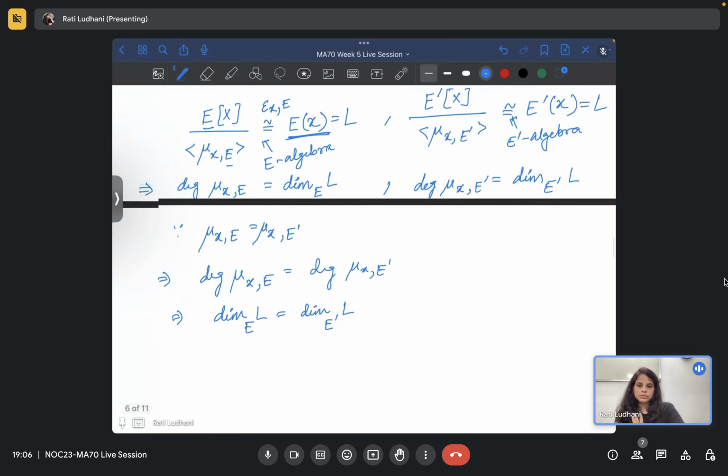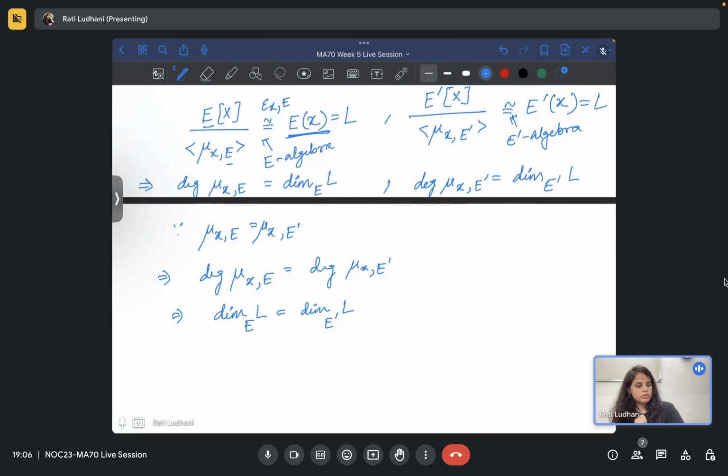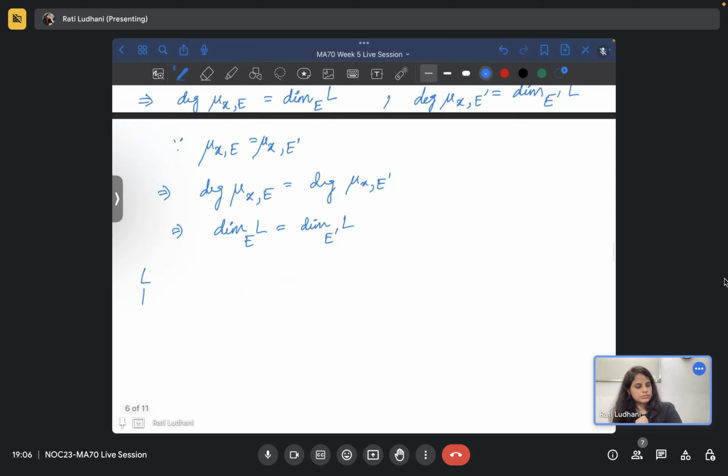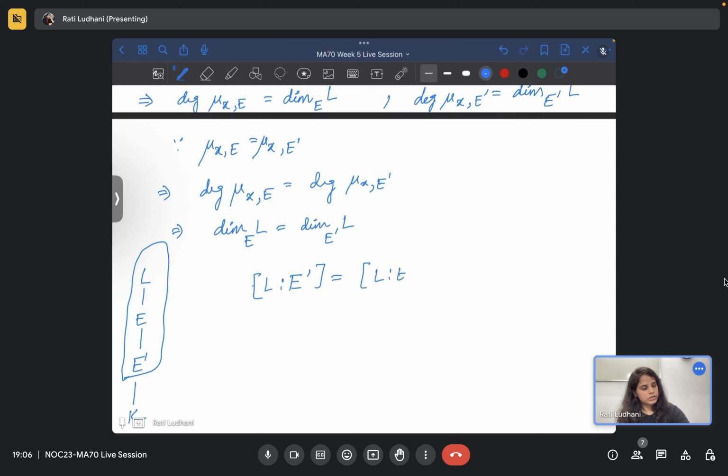So we have these two things now. And now you can use this containment, E dash inside E. I am just interested in this part. As you know that the dimensions are finite, I can use the dimension formula. This is the same as L over E times E over E dash, right?